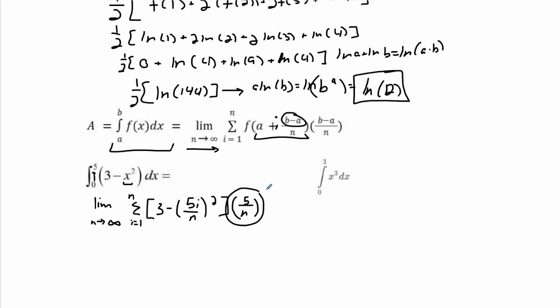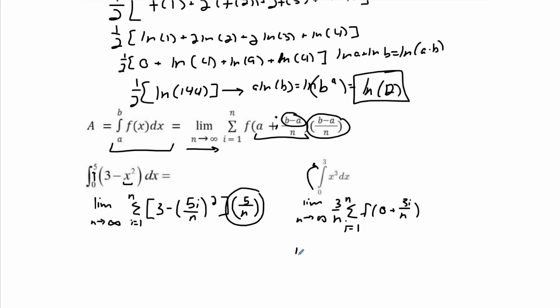So then in the next question, we have the integral of x cubed dx, right? So we can write this as the limit as n approaches infinity, right, of, let's write the 3 over n on the outside. Why would it be 3 over n? Because the distance from 0 to 3 is 3, right? So 3 over n, that gets rid of this part, times the summation from i equals 1 to n of f of 0, because that's our a, plus 3i over n, right?